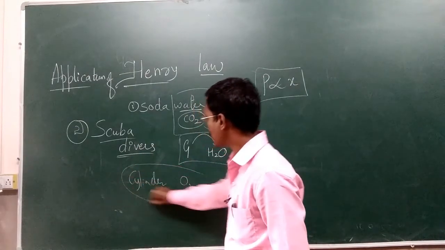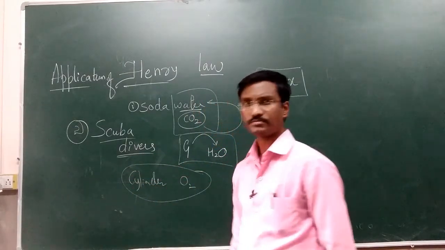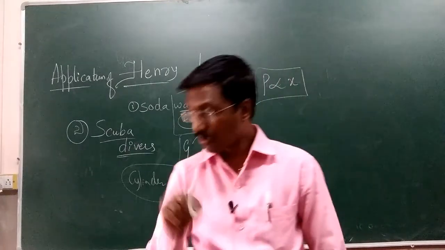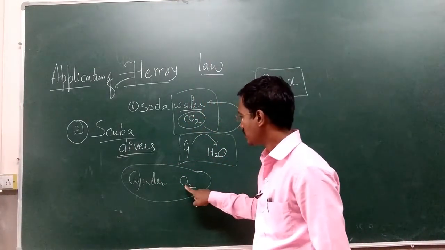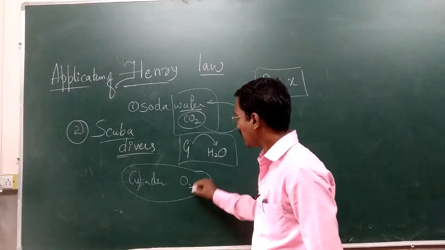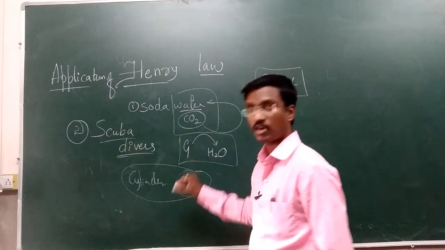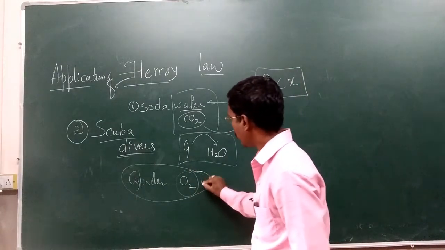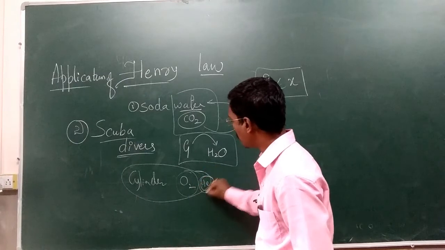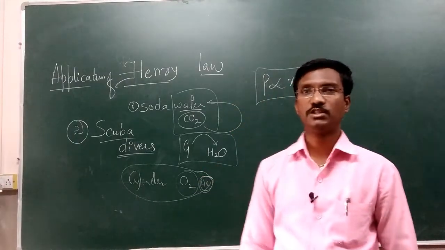That oxygen is also present with nitrogen. One more thing is more important. This cylinder which contains the oxygen, they are not only mixing oxygen, they are also dissolving helium gas. Why?